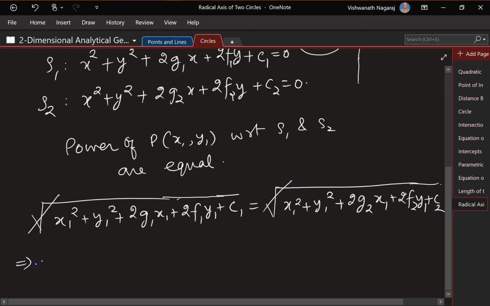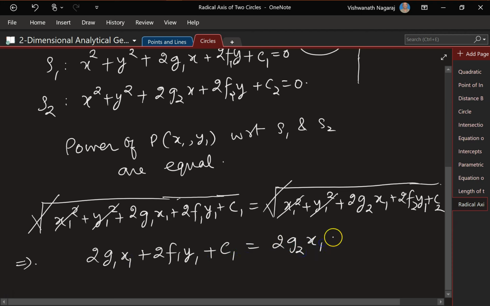So now the x1 square plus y1 square gets cancelled. We are left with 2g1x1 plus 2f1y1 plus c1 is equal to 2g2x1 plus 2f2y1 plus c2.